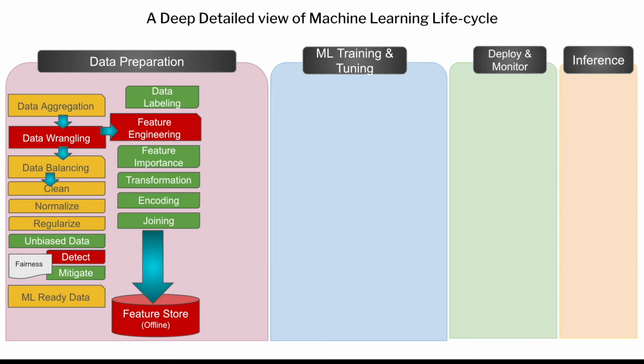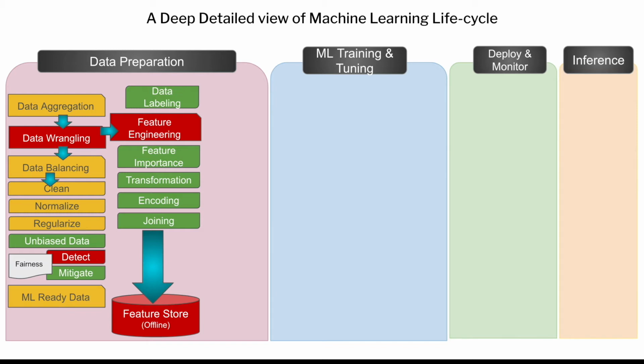Feature stores are online and offline. I won't be talking a lot more about feature stores because I have another tutorial which talks about feature stores themselves and using a feature store in Feast. So please look into those tutorials to learn more about it. But at this point, these features which we have created in our aggregated data can all be stored in your feature store.